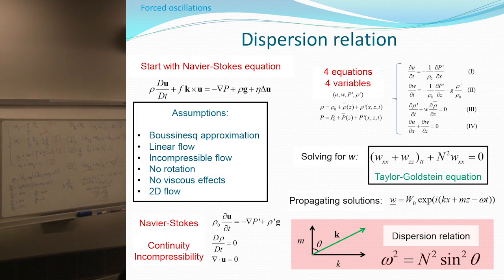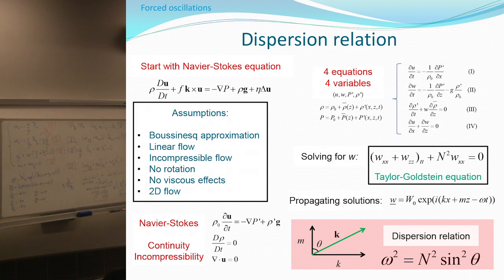Good job. And now what we end up with is a dispersion relation for internal waves. So what we've got here is a relation between the frequency omega and the horizontal and vertical wave numbers.